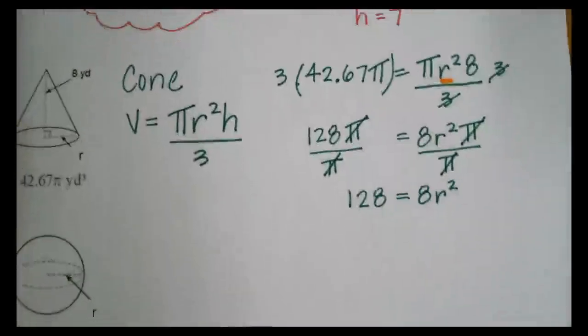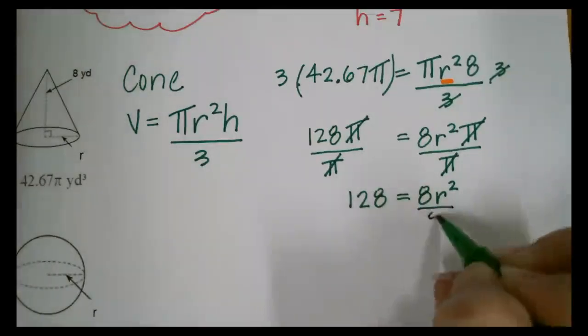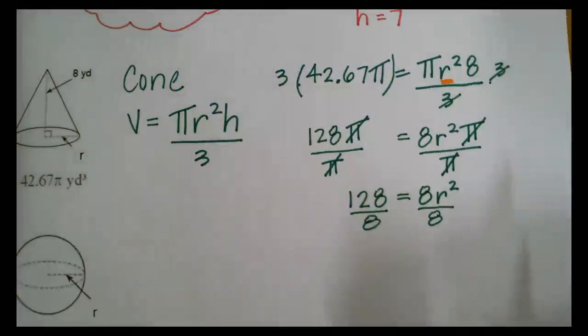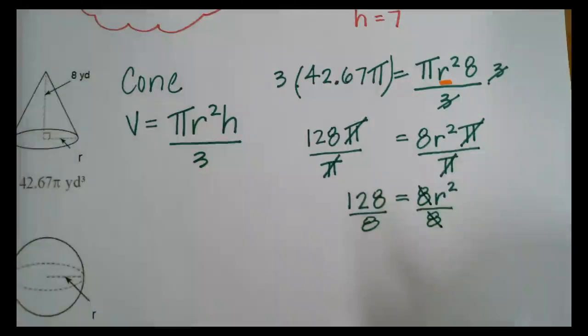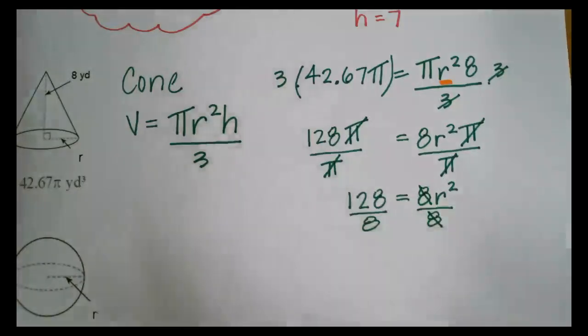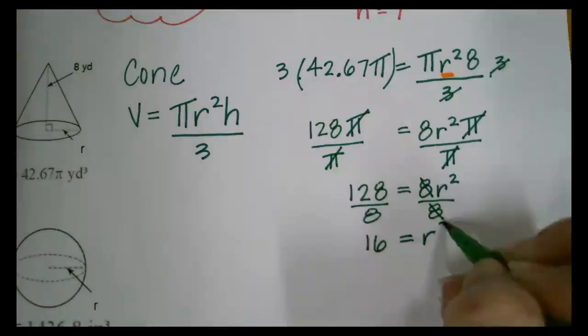All right, I'm still solving for r. I'm trying to get r by itself. So I need to divide both sides by 8. So when I divide both sides by 8, the 8 cancels over there. And then if you just divide 128 by 8 on your calculator, you'll get 16.